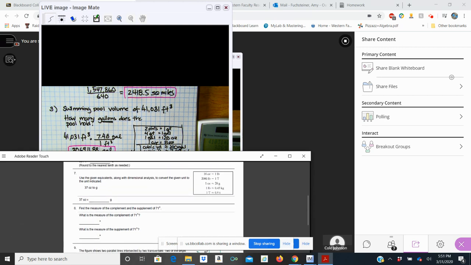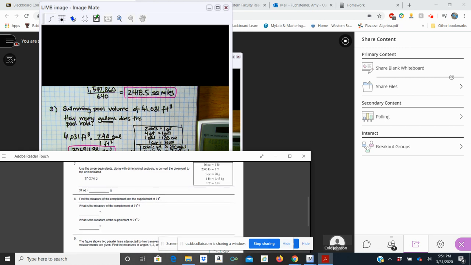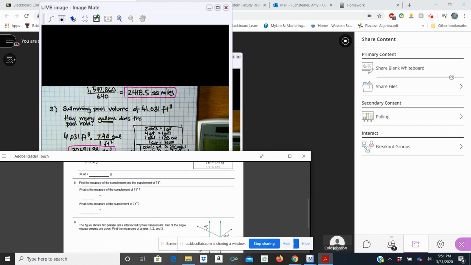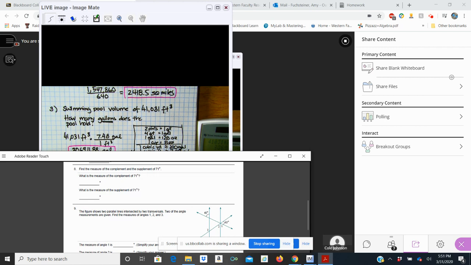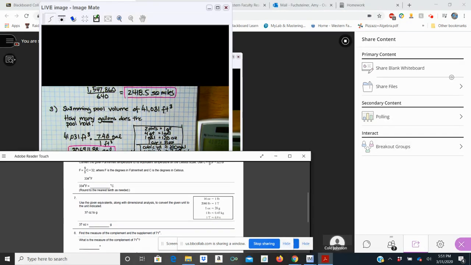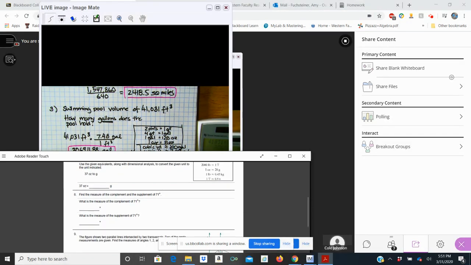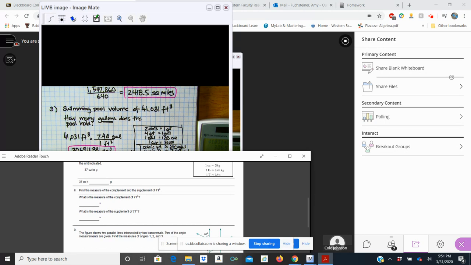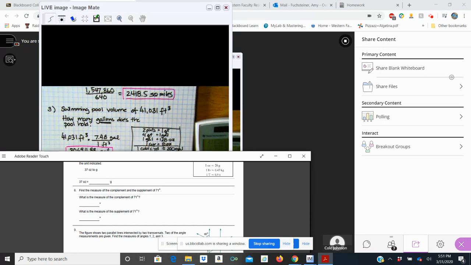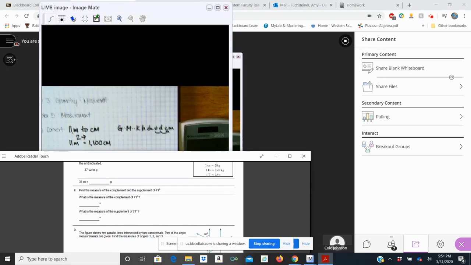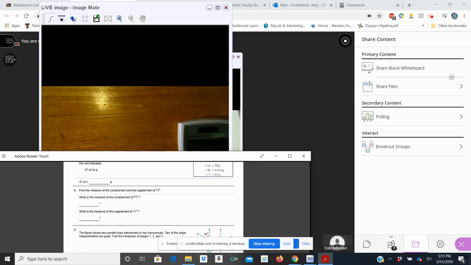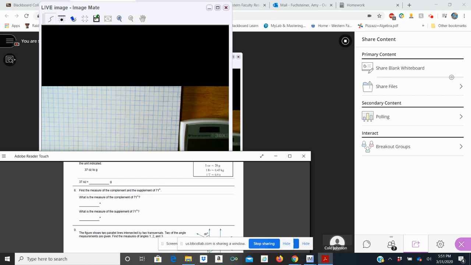And I'm afraid if we spend another 20 minutes on the measurements, we're gonna regret it when it comes time to do some of the geometry, right? So I'm gonna jump to the geometry and see what we can do there. All right.